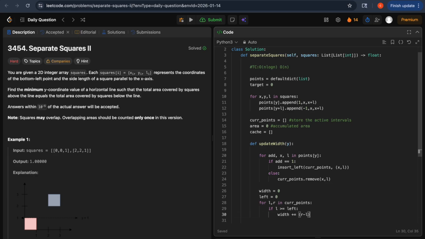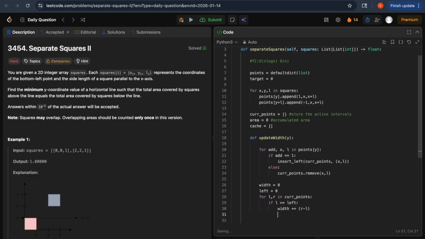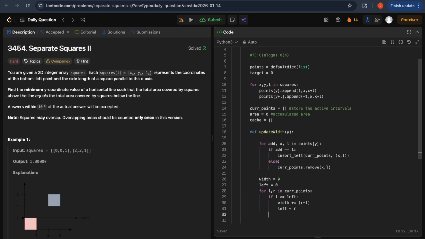and can add it right away, and then update the left pointer to the right to check whether the next interval is overlapping or not. So left is equal to right, right? And then here, I'm not writing a separate condition for partially overlapping and overlapping. In fact, this will satisfy both conditions.